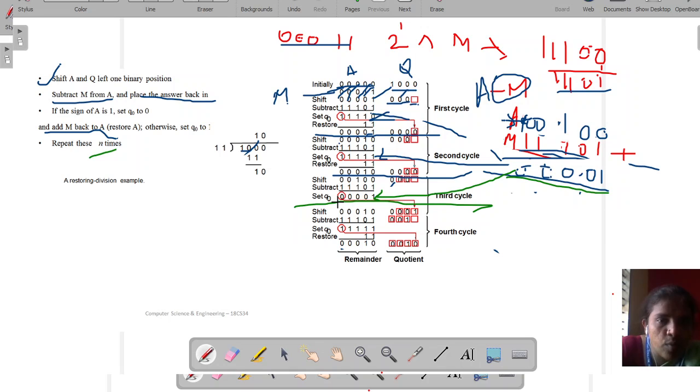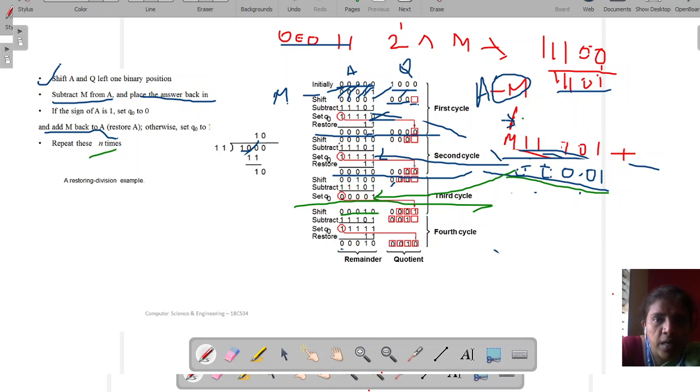Since A is positive, set Q naught to 1. The vacant position shifted, it was blank. And then, since A is positive, anyway shift is there. After shifting you got 0010 and subtract M from A. So here, subtract M. Here M is already there.